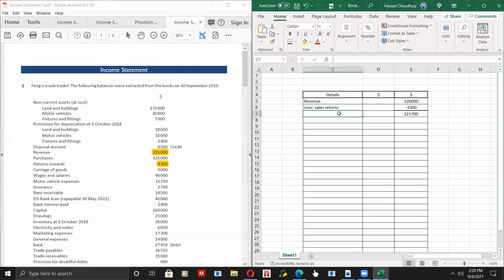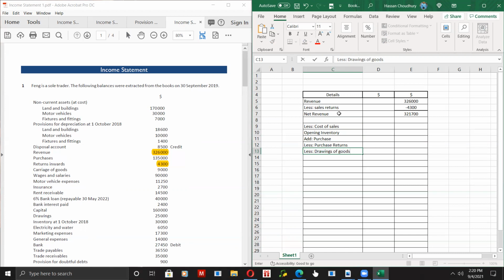So we can write here net revenue, and then we've got less our cost of sales. So cost of sales, we start with opening inventory, we add purchase, we less purchase returns, we then less drawings of goods.